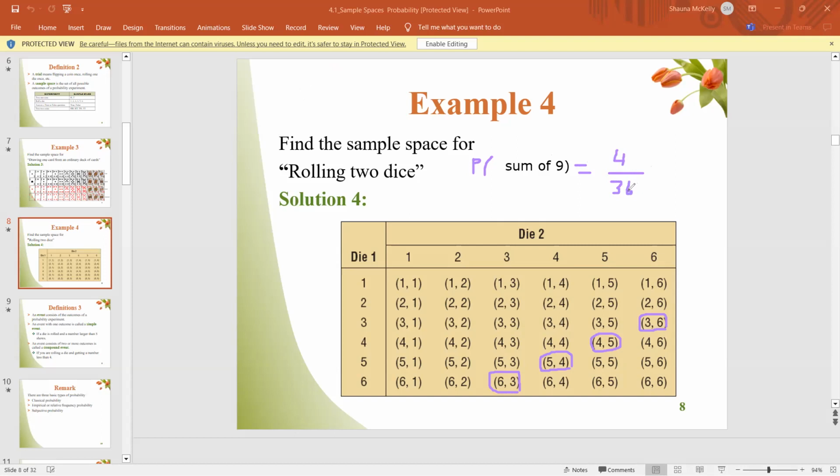So now I'm going to do a little bit of cleaning up here. 4 out of 36, and I'm going to reduce this fraction and then convert it. I'm going to divide by 2 on both sides. You can actually divide by 2 twice, because 36 is divisible by 4.